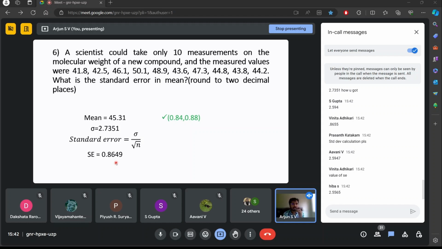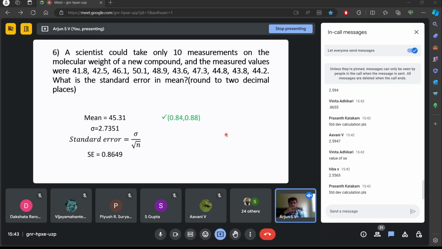But Heba, Avani, and Gupta, I'm a bit confused how you got 2.5 and all those things. Okay, standard deviation calculation.